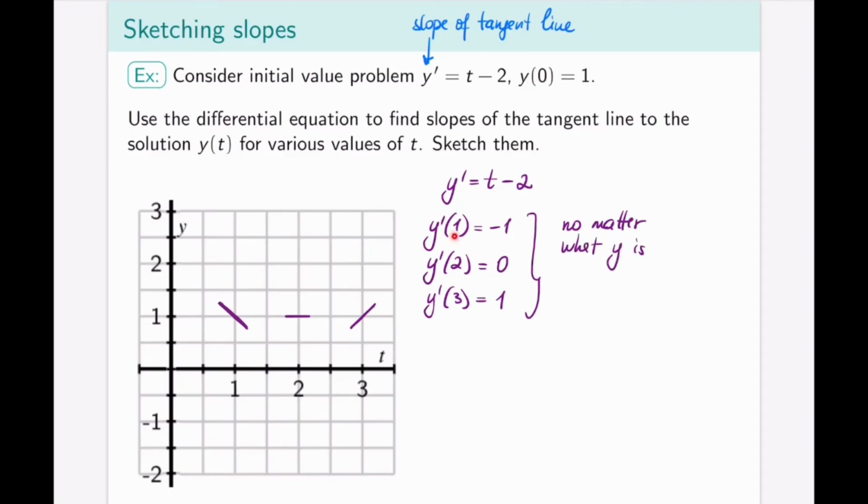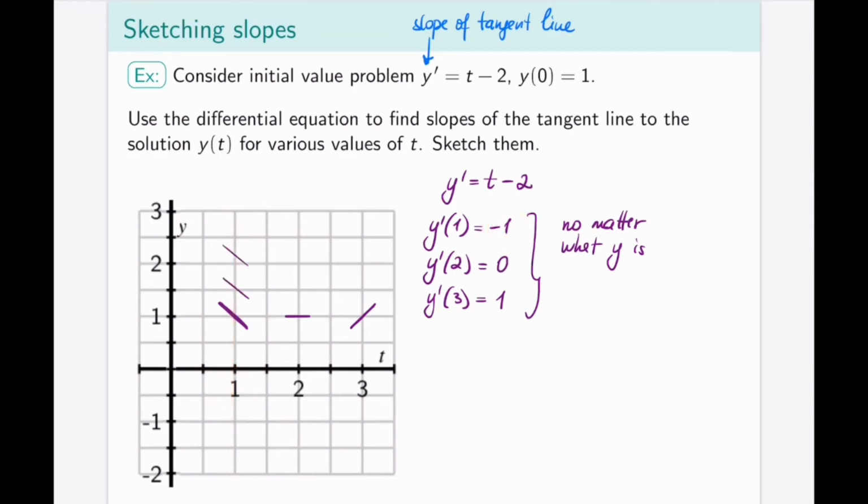So when t is 1, whether it's for y equals 1 or for y equals 2 or for y equals 3 or for any value of y at all, when t is 1, the slope is going to be minus 1. So that means I can take this slope and extend it vertically in both directions, right? It doesn't matter what y is, so this slope will persist across all values of y for t equals 1.